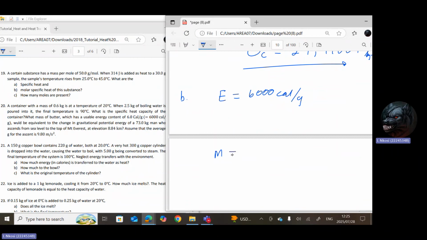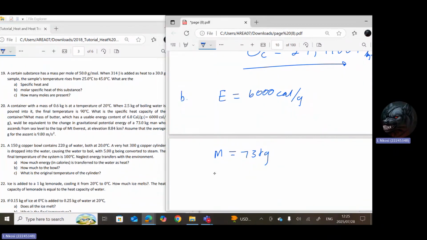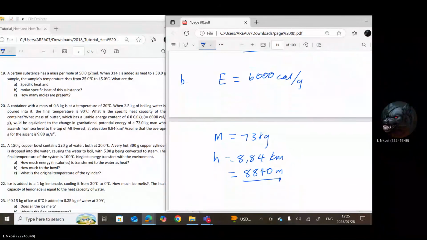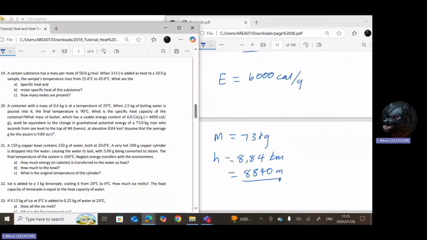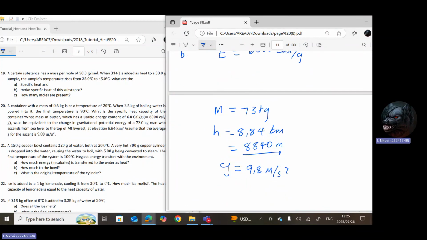So we have a mass of a man here that is 73 kilograms, who ascends from sea level to the top of Mount Everest at an elevation of 8.84 kilometers, which is 8,840 meters. Assume an average g of 9.8 meters per second squared. What mass of butter?